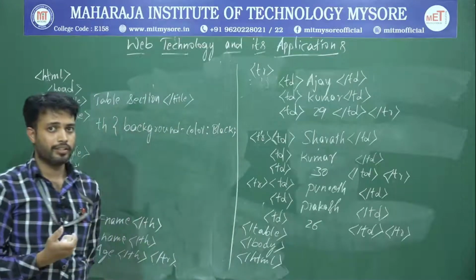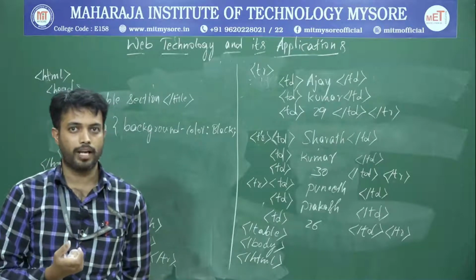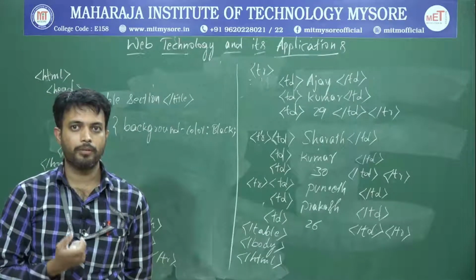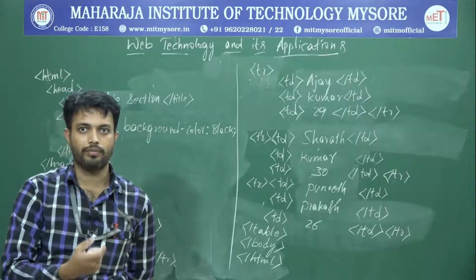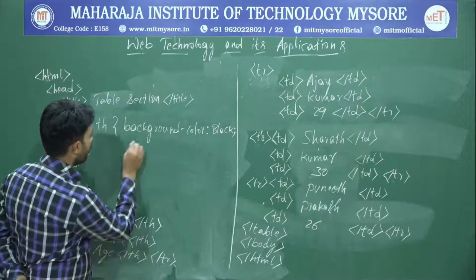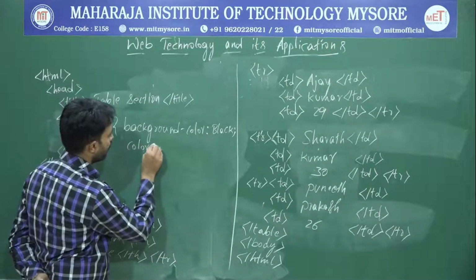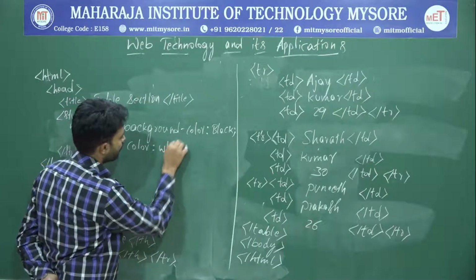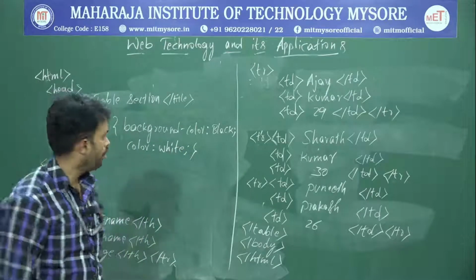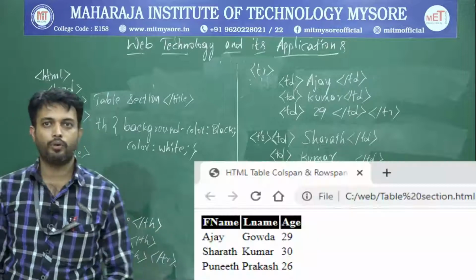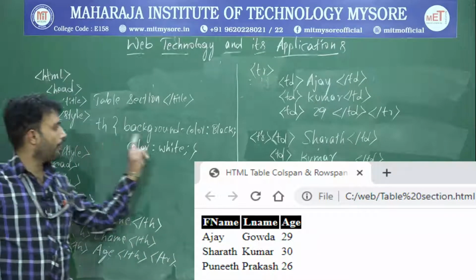That means even the text as well as the background are both in black color, right? In order to display our text on the black background, I have to change the color of the text. So for that, color colon white. Now if I run this program, what about the table heading background?